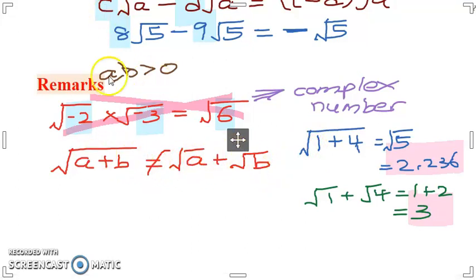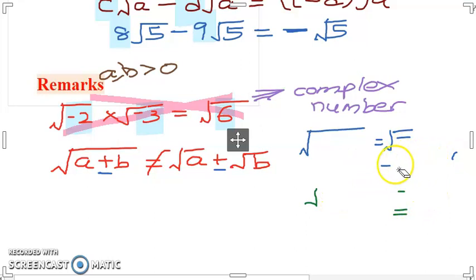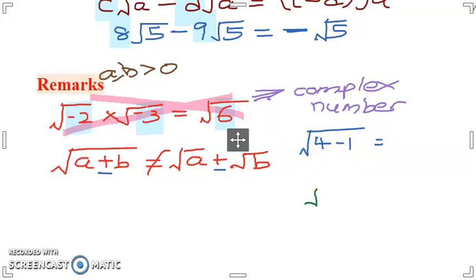So therefore, it doesn't make sense that they're equal to each other. The same idea also goes on if we consider the case of minus. I use a similar example: let's say I have the square root of 4 minus 1, and the other one will be square root of 4 minus square root of 1.